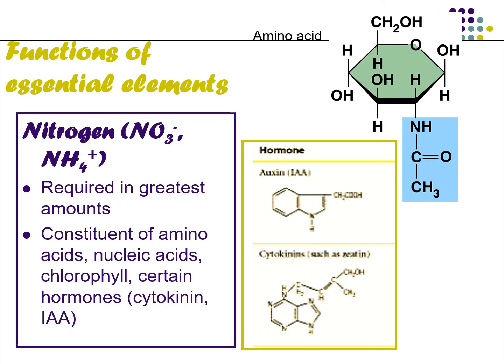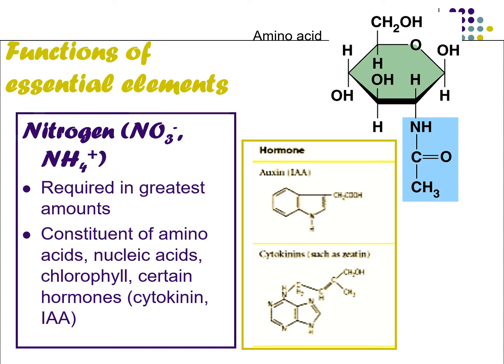Let us consider now the functions of the essential elements, starting first with the macronutrients. Among the macronutrients, nitrogen is required in greatest amounts. In plants, nitrogen is available in the form of nitrate ions and ammonium ions.